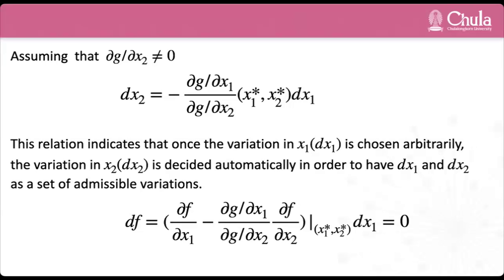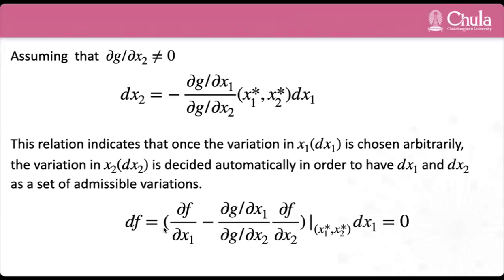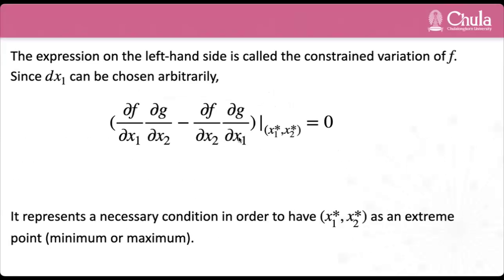So we use this to define the local optimum point in the case of a constraint problem. We reduce the form using only this, and we obtain this.